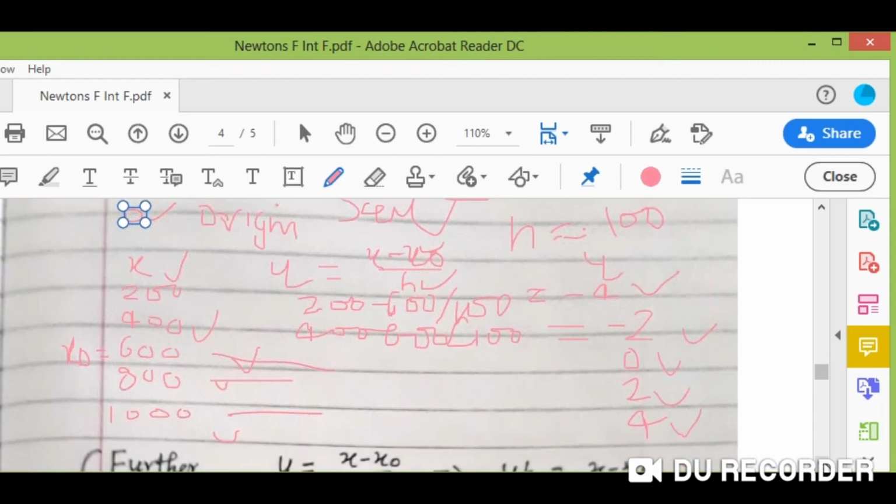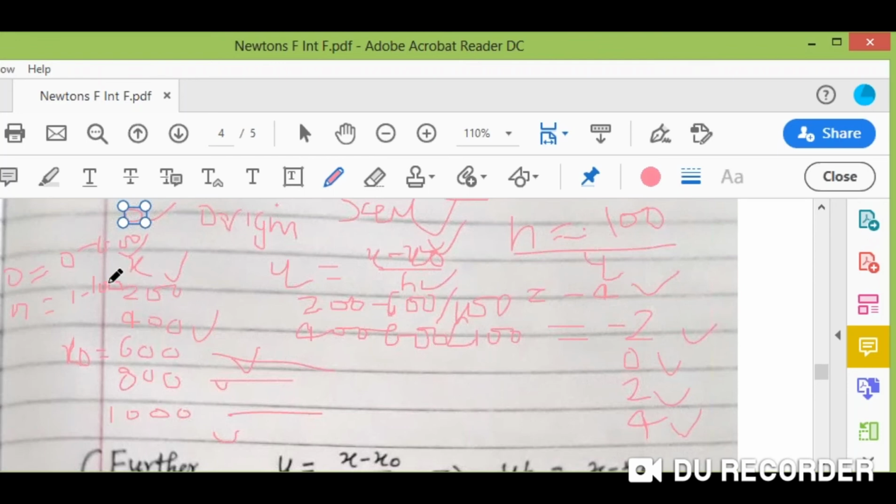So in this case, you have seen that after changing the origin and the scale, here the scale is 100 and the origin is 600. But what are they in the old variable? In x, the origin is 0 and h is 1. So 0 has been changed to 600 and 1 has been changed to 100.